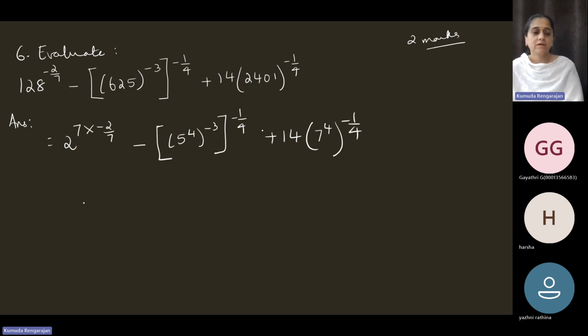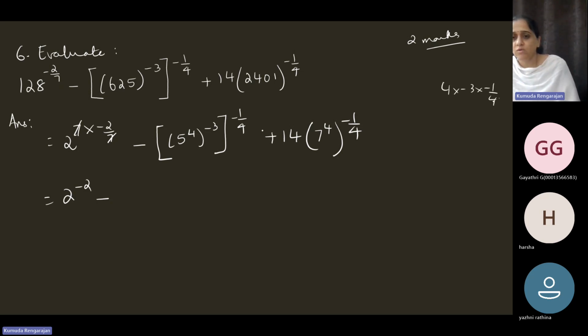Like that. So now in the next step, the 7 and 7 get cancelled, right? So we have 2 to the power minus 2 minus, here you have to multiply the powers 4 into minus 3 into minus 1 by 4. So what happens? 4 gets cancelled. So it's 5 to the power 3.